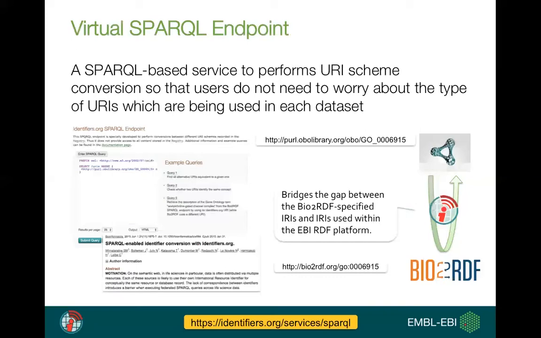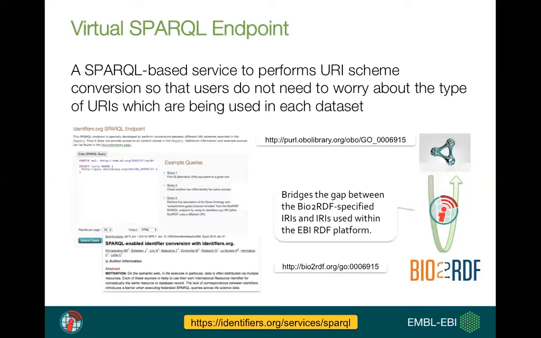Hi, Sarala. This is Tom. I have a question about whether you're planning, as part of the migration to cloud services, to also migrate the triple store that you run, and if so, on what platform and how you're thinking about doing that. So this is a virtual SPARQL endpoint, so it's actually not a triple store.